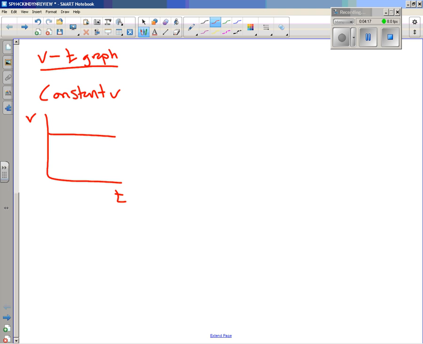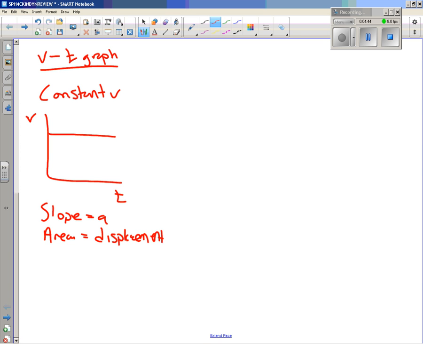In this case, the slope equals the acceleration. And for a constant velocity, the acceleration is always zero, just like the slope of a horizontal line is always zero. This time we do need the area because it gives us something, all right? In this case, the area equals your displacement or distance traveled if you need to find that.